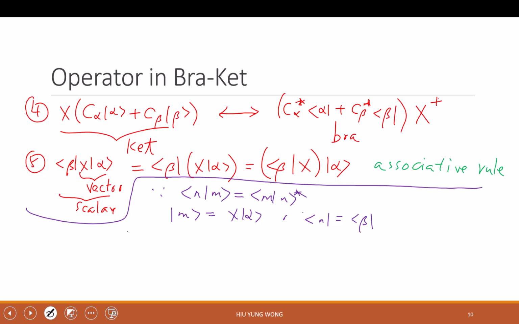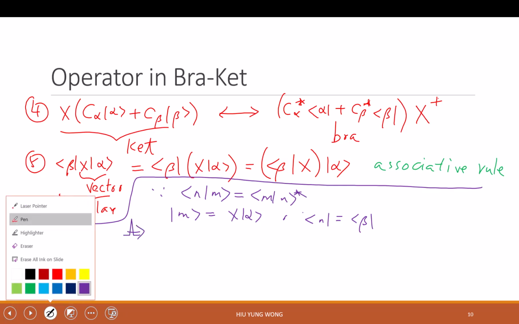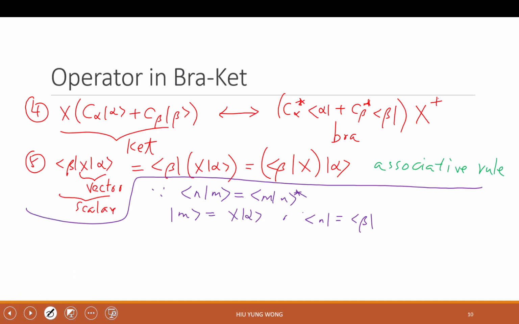So what I'm trying to say is beta x alpha, that is n and m, equals m and n, but m in bra. But what is m in bra based on this?